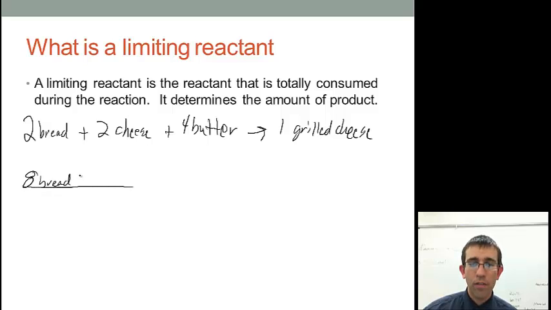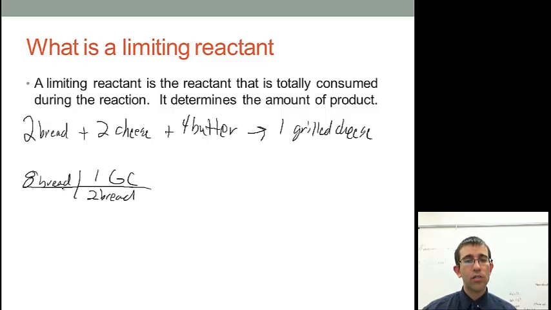Well, we know that I need 2 pieces of bread to make 1 grilled cheese sandwich. So in our factor-label chart, if I multiply 8 times 1 divided by 2, we know I can make 4 grilled cheese sandwiches. Now, what's going to run out?